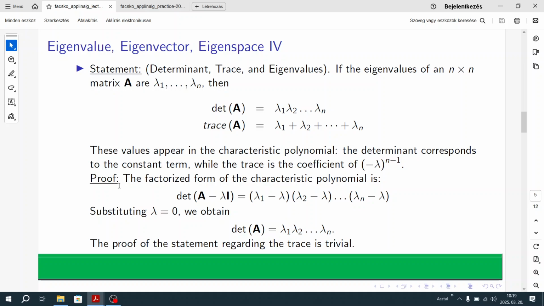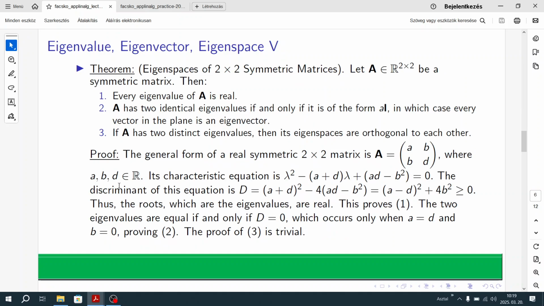Okay, I go quickly through what we had done. This is also something interesting. Eigenspace of a very simple 2 times 2 symmetric matrix. All eigenvalues of these symmetric matrices are real. They have two identical eigenvalues if it's in this form.